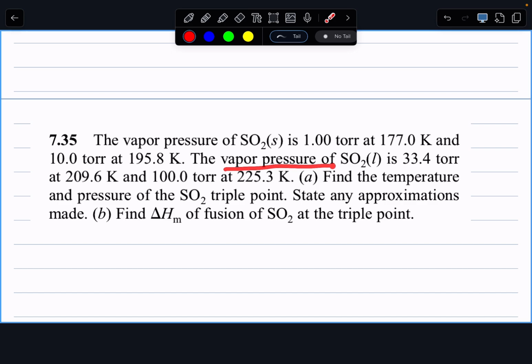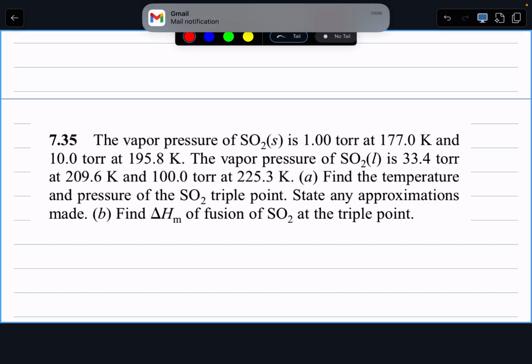It also gives you the vapor pressure of SO2 liquid to be 33.4 torr at 209.6 Kelvin and 100 torr at a higher temperature. So it's giving you 4 vapor pressure numbers for your solid SO2 and your liquid SO2. The question is asking you to find the temperature and pressure of the SO2 triple point. And you can state any approximation you're making, meaning if we are using this equation, you want to state what are the 3 approximations we are making by using this equation.